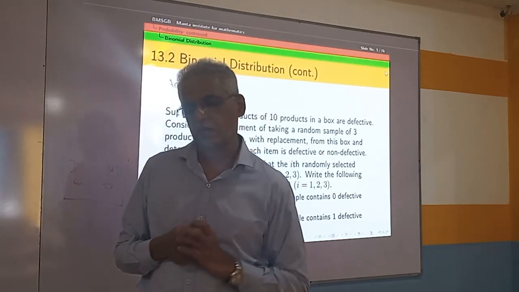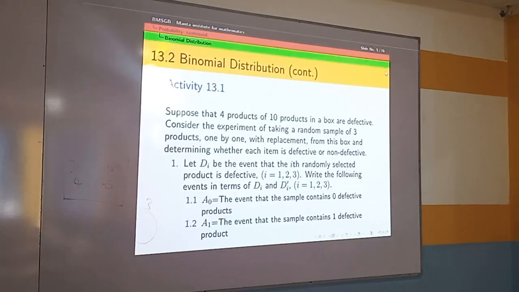Because you are taking with replacement, this satisfies the binomial conditions. Let Di be the event that the ith randomly selected product is defective. So D1 is the event that the first item is defective, D2 is the event that the second item is defective, D3 is the event that the third item is defective.